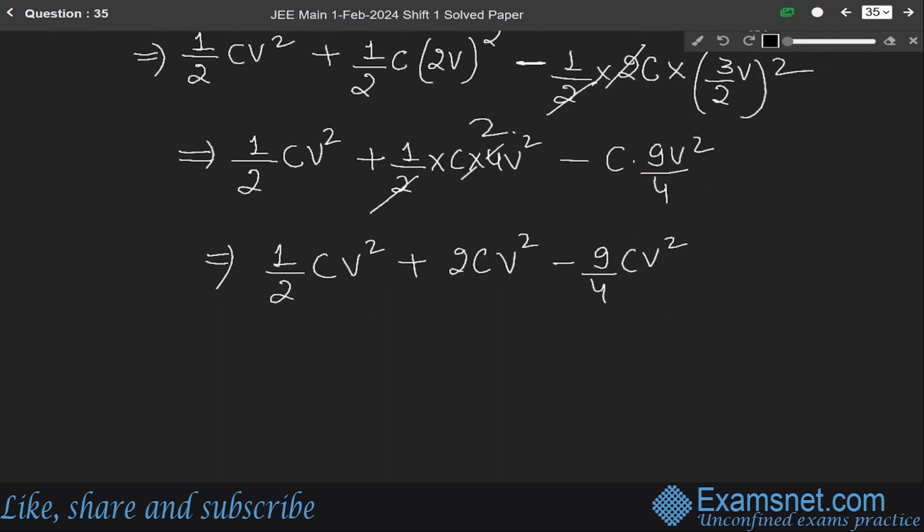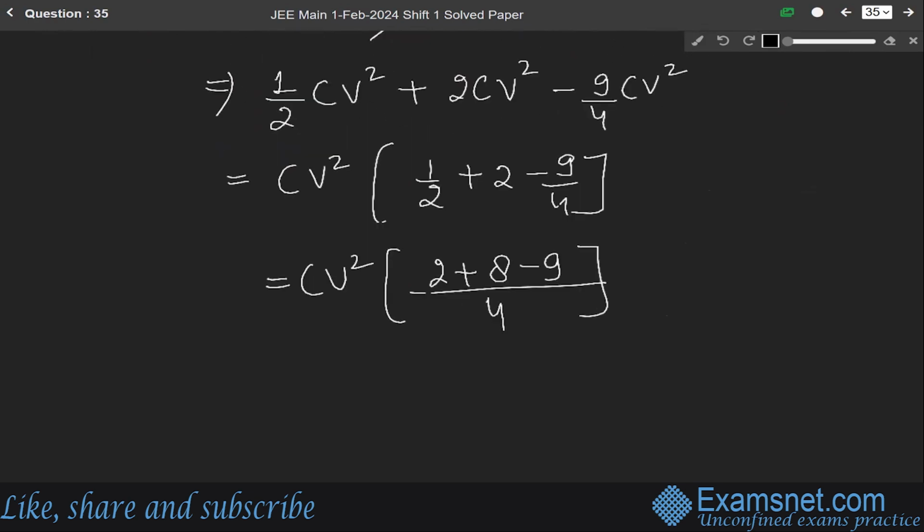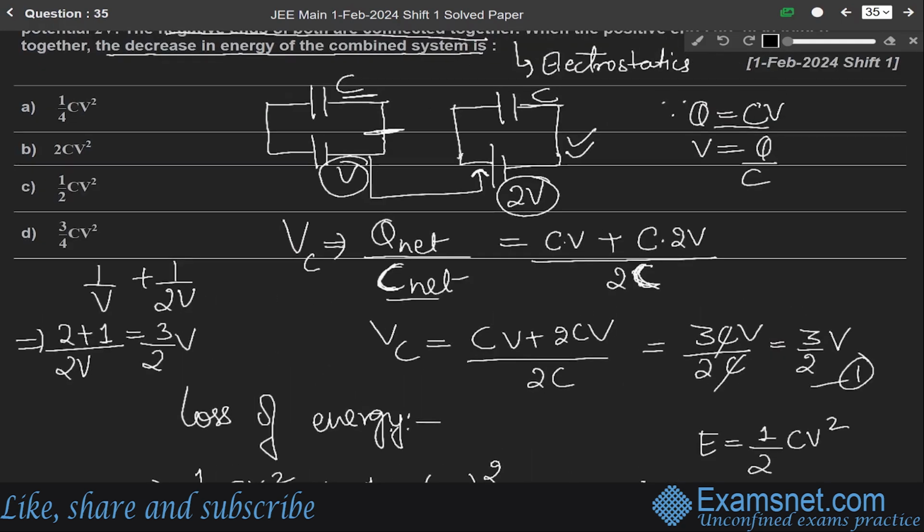Taking CV square common, we get 1 by 2 plus 2 minus 9 by 4. So solving it, we get CV square over 4 times 2 plus 8 minus 9, which is 10 minus 9, so 1 by 4 CV square. So the correct answer is 1 by 4 CV square, so the correct option is option A.